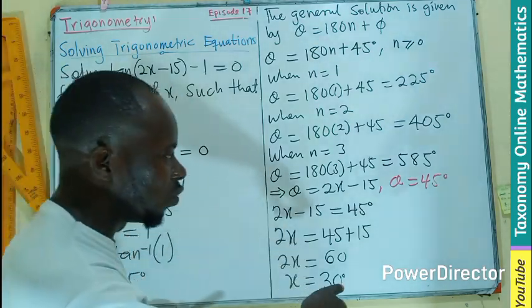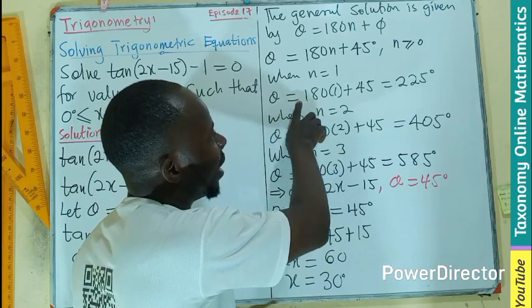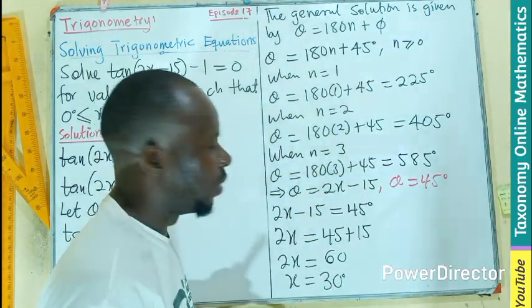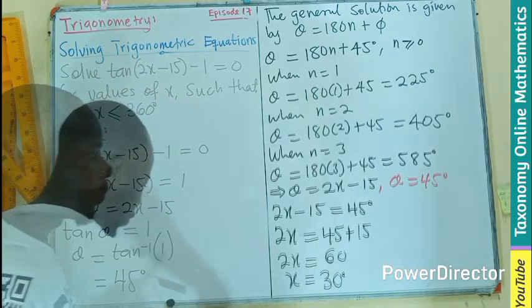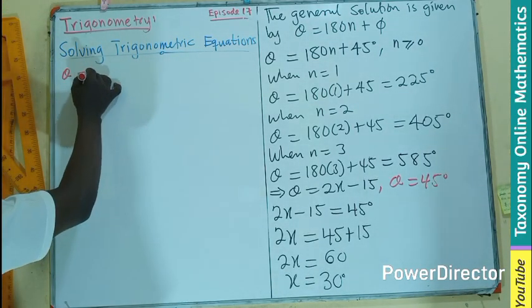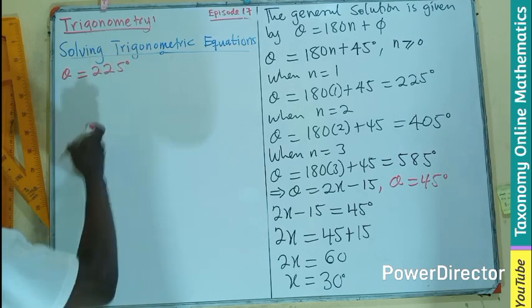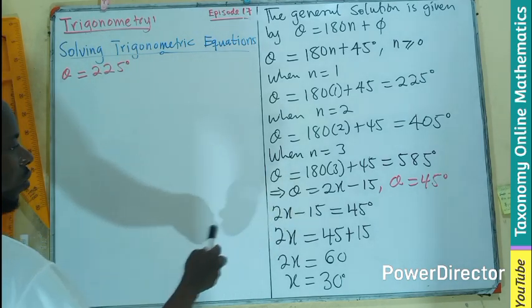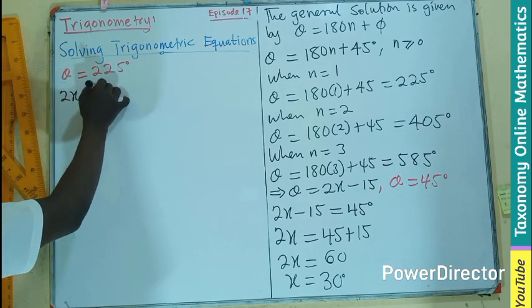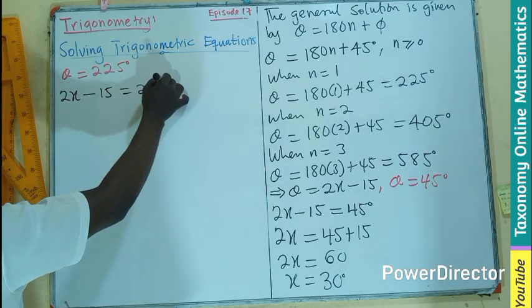So we move back to when theta has moved to the next value, which is 225, and see what are the various values we are going to get. When theta equals 225 degrees, we are going to have 2x minus 15 equals 225.